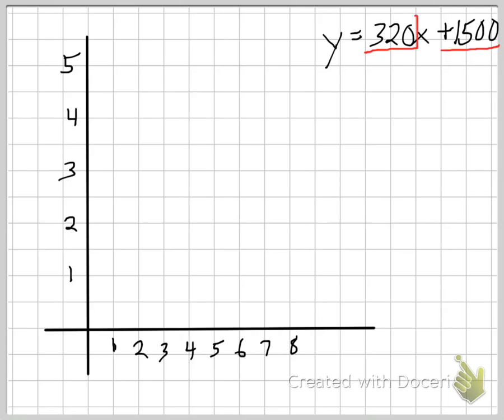And our slope is 320 over 1, right? It's a whole number, it's over 1. So, starting with our y-intercept, because that's always where we start. Remember, these are in thousands, so this is 1,000. This is 2, which means 1,500 would be right in the middle. So, this point right here is 1,500, which is our y-intercept.